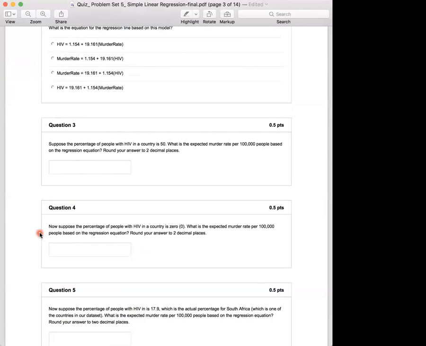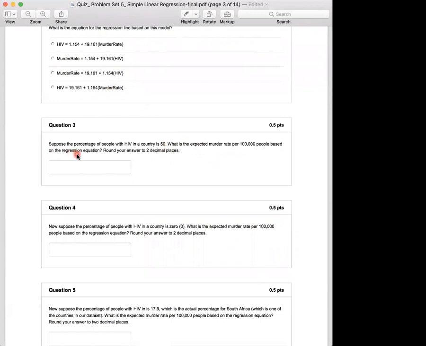The point is that when I emphasize a plug and chug, I'm just emphasizing the fact that you take the equation for the regression, and then you insert the value 50 for the HIV. So you take HIV times the slope plus the intercept, and that would be the expected murder rate per 100,000 people based on the regression line.